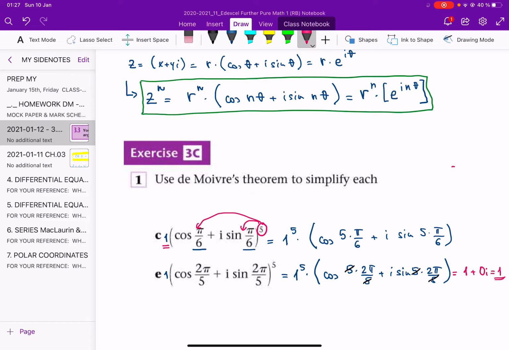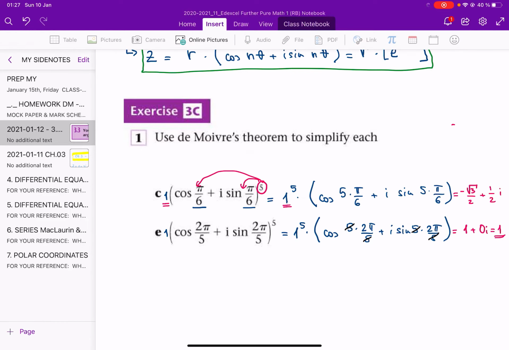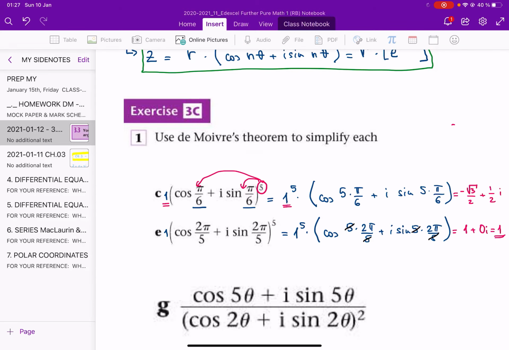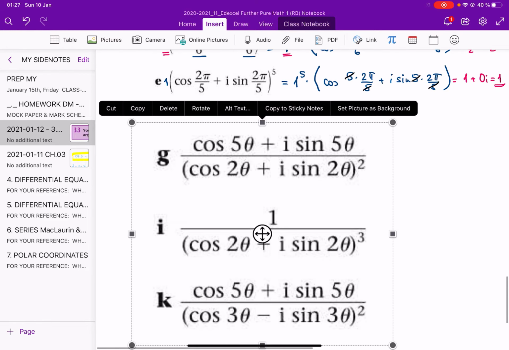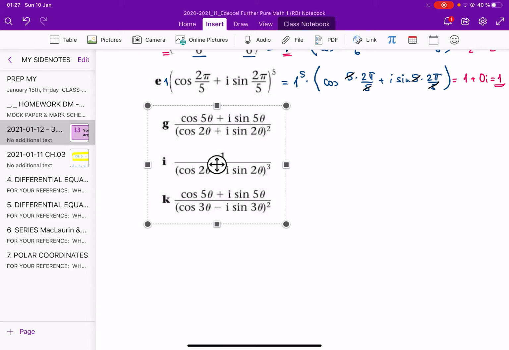In the first case, we didn't do it, but we can. 5 pi over 6, so cosine 5 pi over 6 is negative root 3 over 2 plus sine 5 pi over 6 is 1/2, so 1/2 i, because the modulus is obviously 1. Okay, so this is very easy actually. There is nothing special about it. You just learn the rule and you apply it, but again be careful because you need to be able to prove it as well. Okay, so moving on.